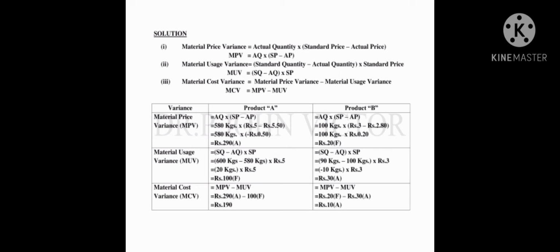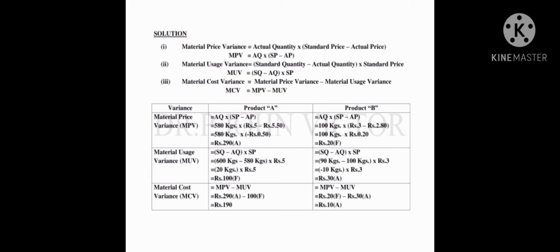Suppose it is a plus value, we have to use F, that means favorable value. Now we have got the negative value, so I have used rupees 290 within bracket A, adverse value.